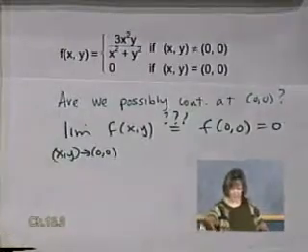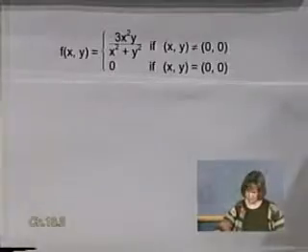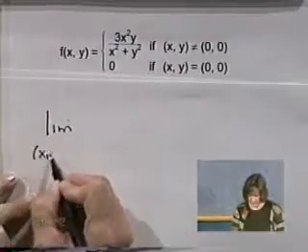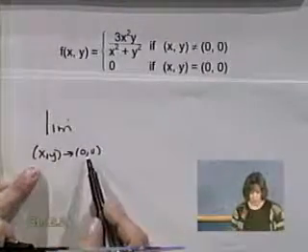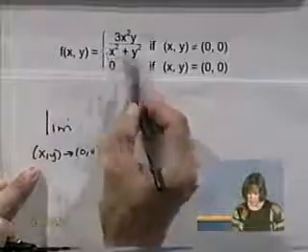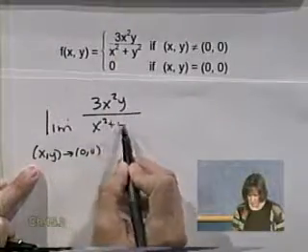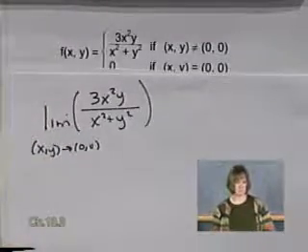Okay, so I have to evaluate the limit as (x, y) approaches (0, 0). Now, as (x, y) approaches (0, 0), it does not equal (0, 0), so this is the rule we use. This cries out to me to use polars. Why?